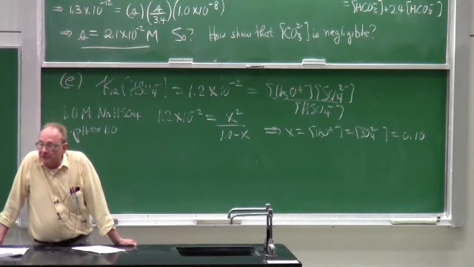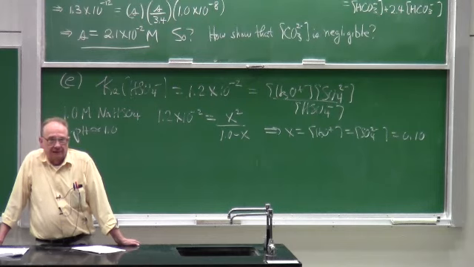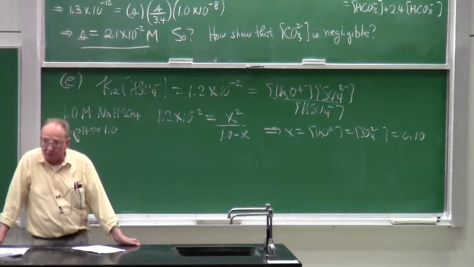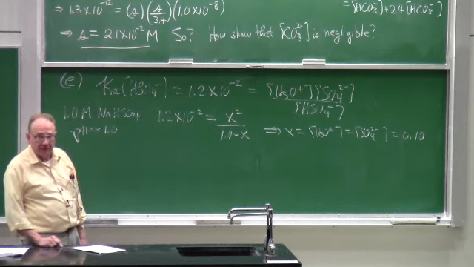Does this considerably acidic solution make the solubility of calcium sulfate go up or down? Makes the solubility go down, because in addition to being an acidic solution, this thing is a sulfate source. It's got a sulfate ion molarity in there of 0.10.